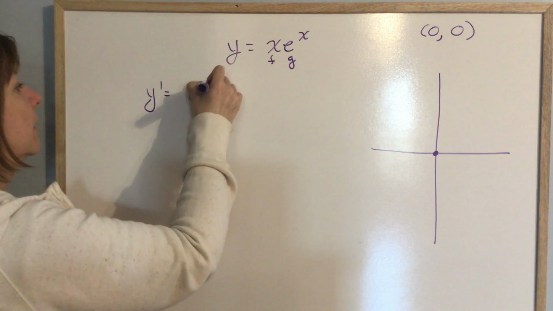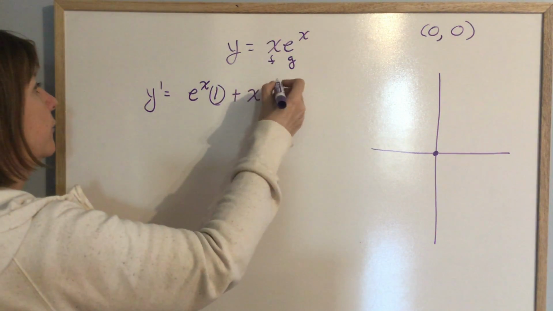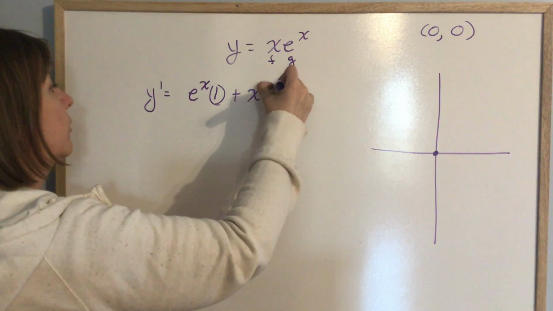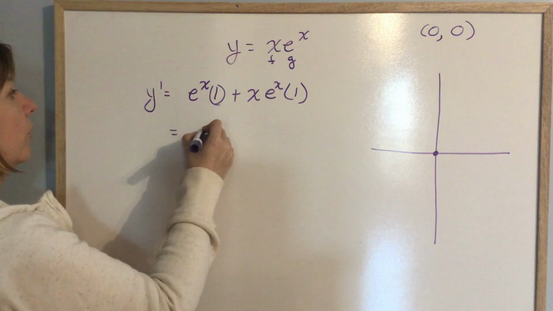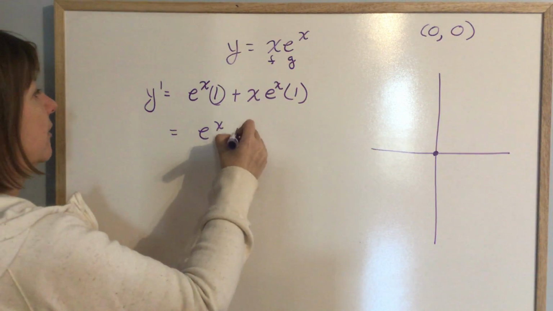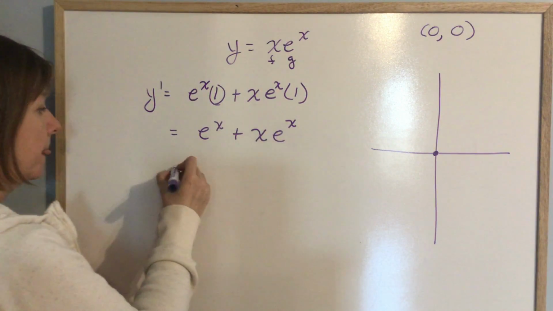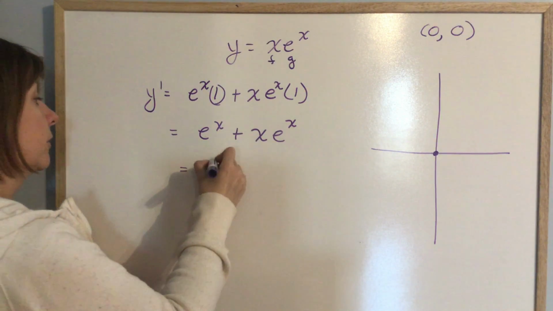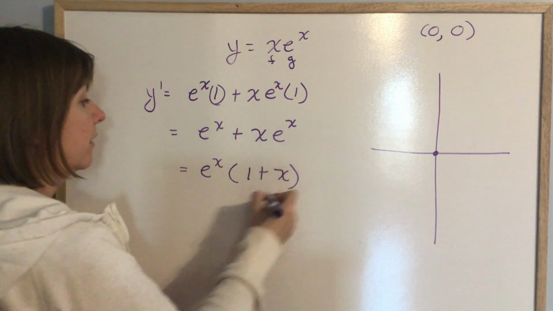So g f prime plus f g prime. So derivative of e to the x is e to the x, derivative of x is 1. So I end up with e to the x plus x e to the x. So common to both would be e to the x, and that would leave me with 1 plus x.